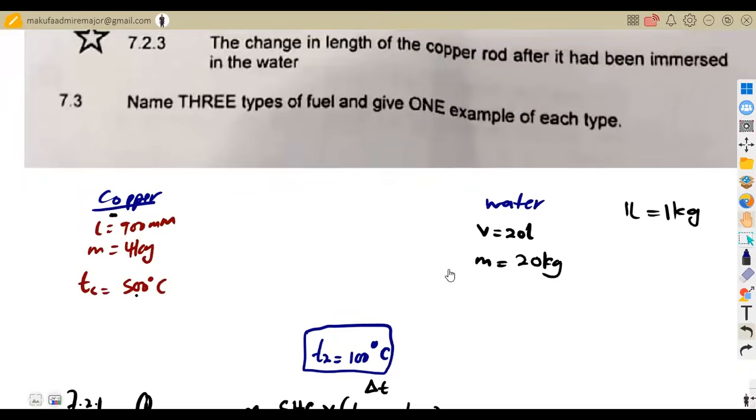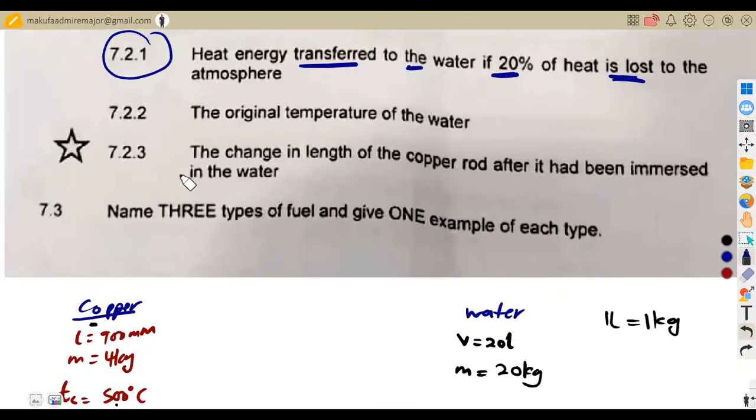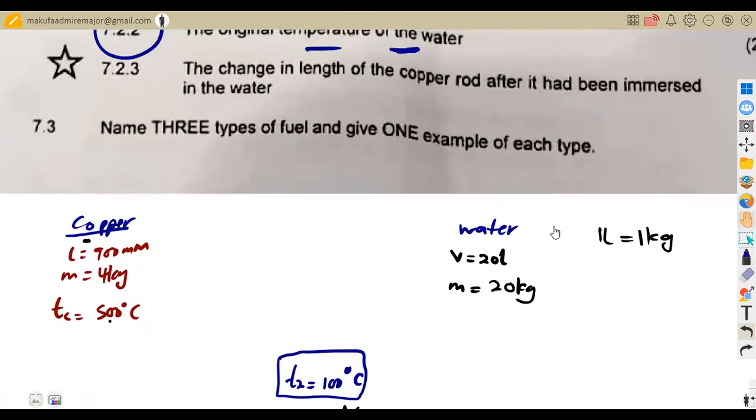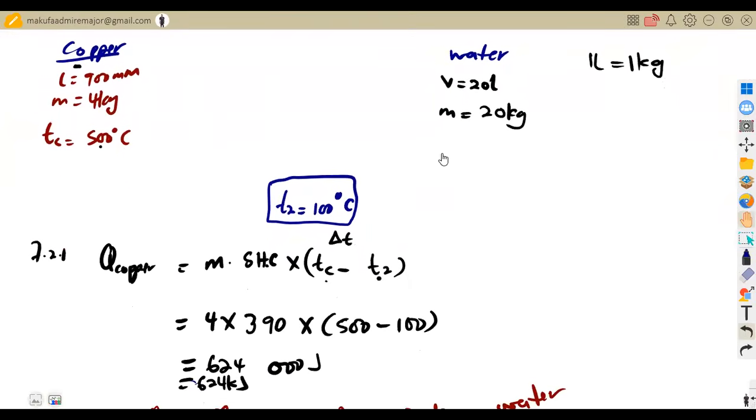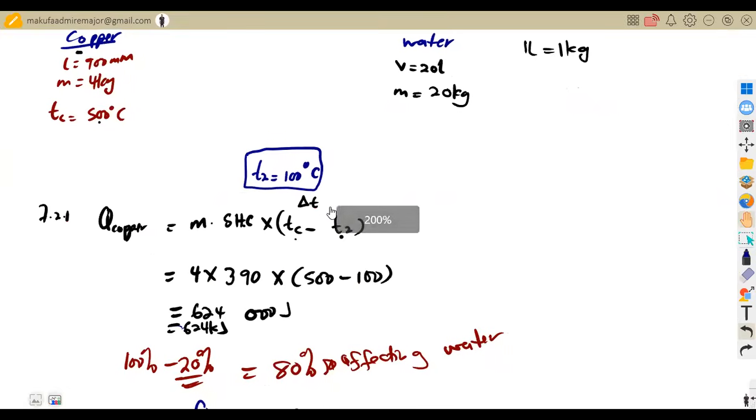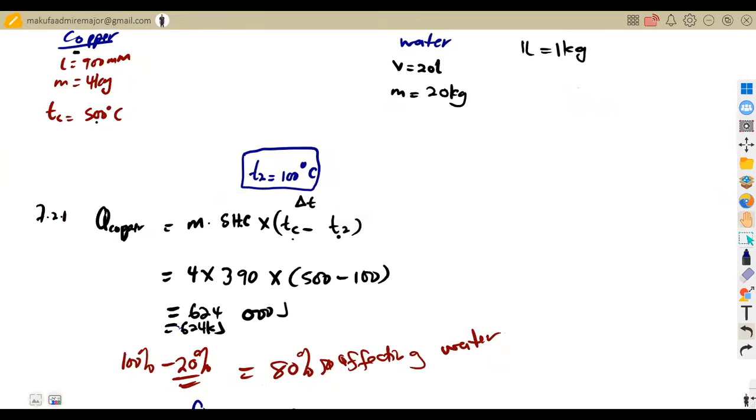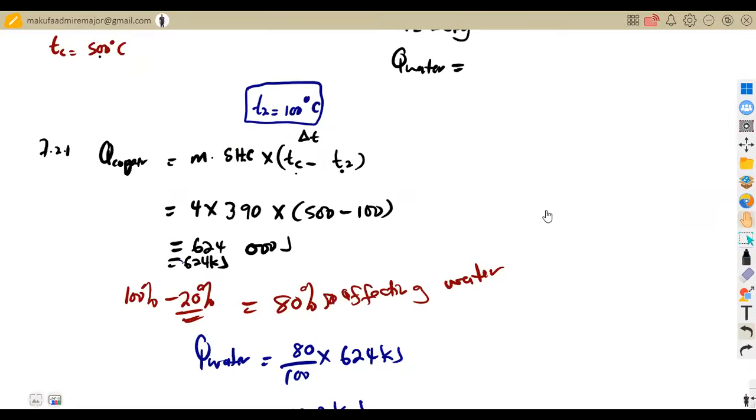And from there, they are now asking us to calculate the original temperature of the water in this case. Remember, for the water, what we only have here is the mass and the final temperature for both, because this final temperature is affecting both the water and the copper rod in this case. So if we are to take note, now we have the heat that was transferred to water in this case from the 80% that we took from the copper.